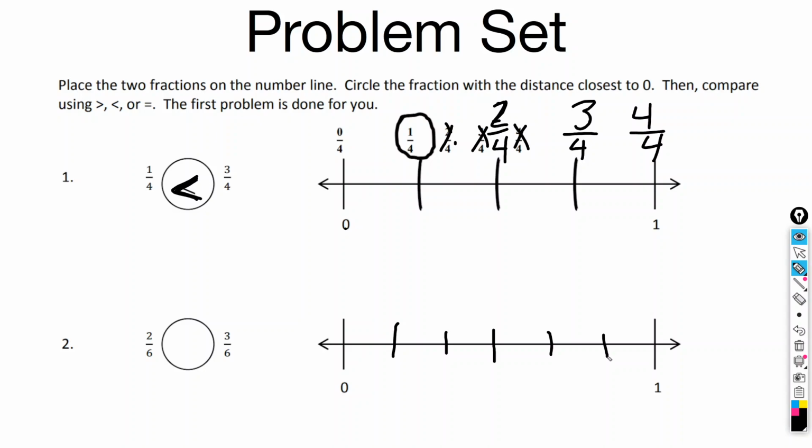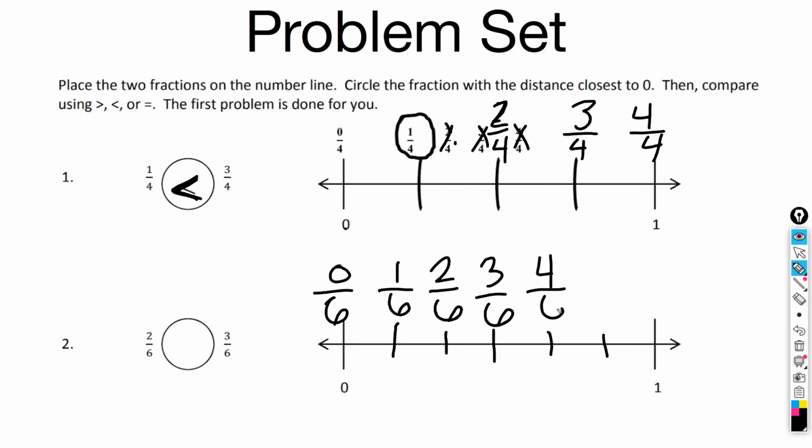I'm going to start labeling. First I have 0 sixths, 1 sixth, 2 sixths, 3 sixths, 4 sixths, 5 sixths, 6 sixths, or 1 whole.